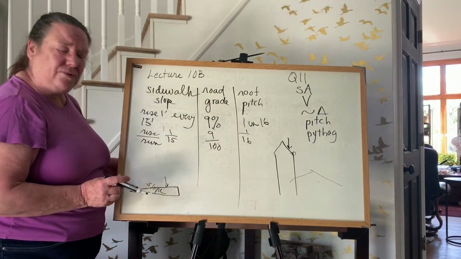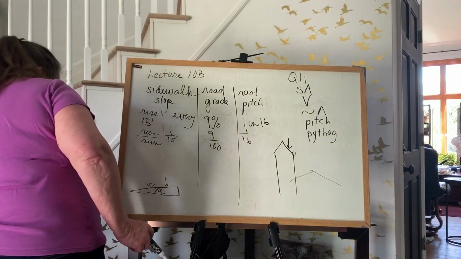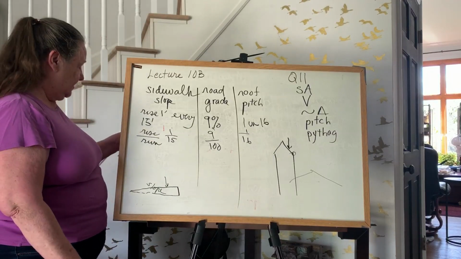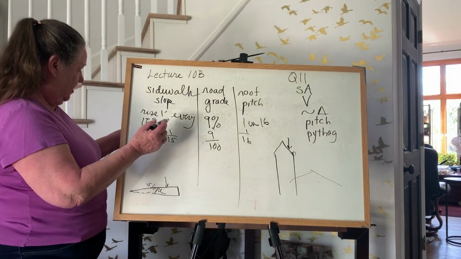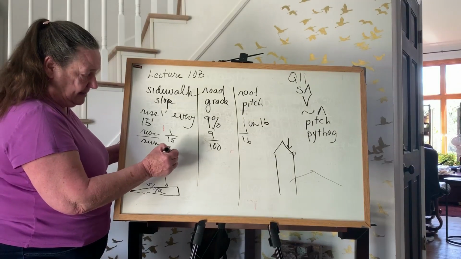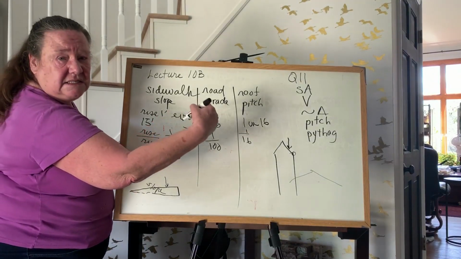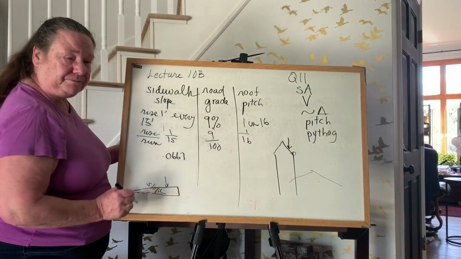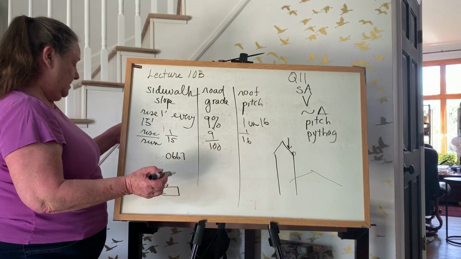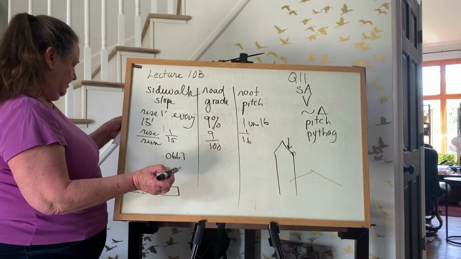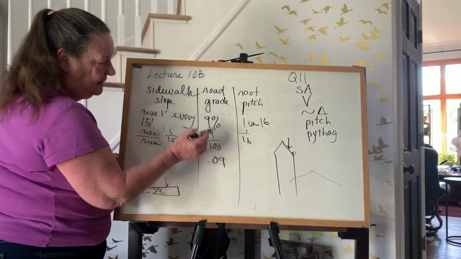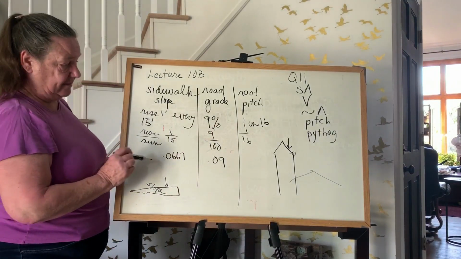Now, if you can't recognize which is the biggest, then you turn them all into decimals, because you guys are good at decimals. 1 over 15 is 0.06666666. I'll call it 0.067. 9 over 100 is 0.09. I could have actually done that from this.